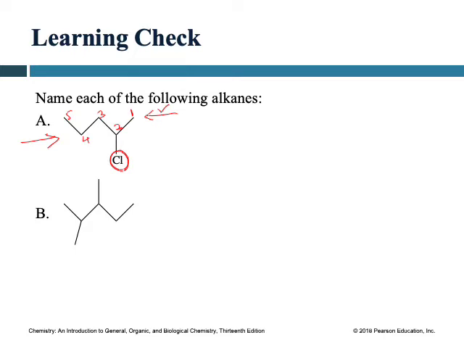That's the correct way. So this is our parent chain. The naming will be substituent location, then substituent name. This is chlorine, so you write chloro, and then the parent name pentane. This is 2-chloropentane.